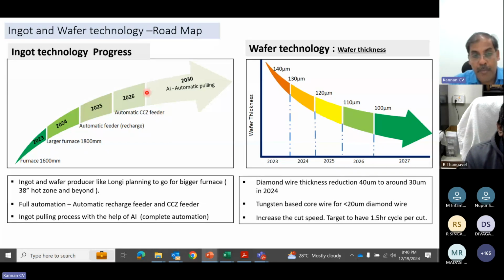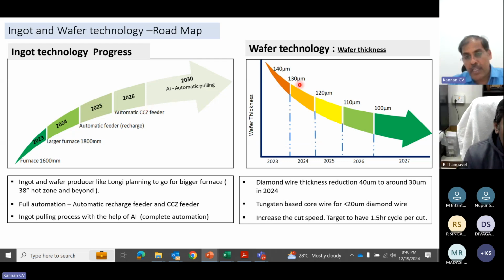That's what is happening in the future. Maybe in another 2 to 3 years we may expect further improvement in crystal growth. Earlier it was one crucible, one crystal. Now with recharging, one crucible gives 5 to 6 crystals. Going forward, maybe 10 or 15 crystals, with improvement in all parameters.